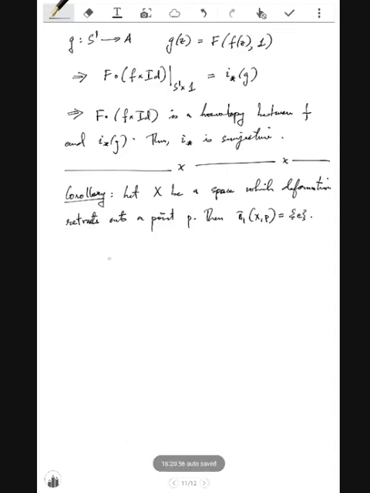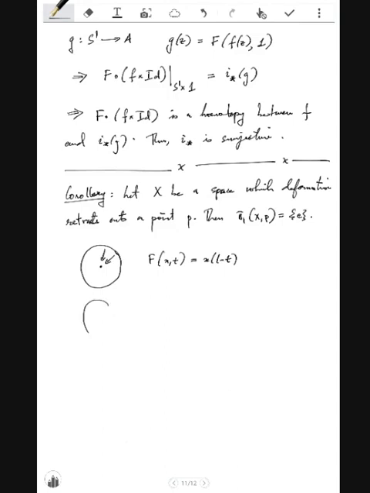So let's just take several examples. We can take the disk, take the origin, and deformation retract it to the origin. So F of x comma t will then be x times 1 minus t.